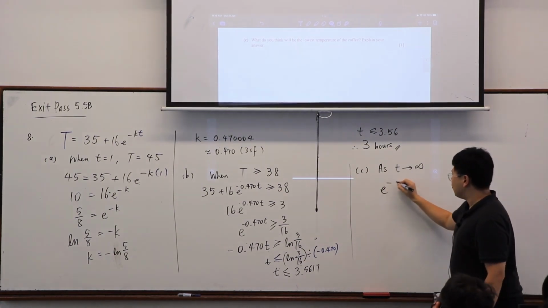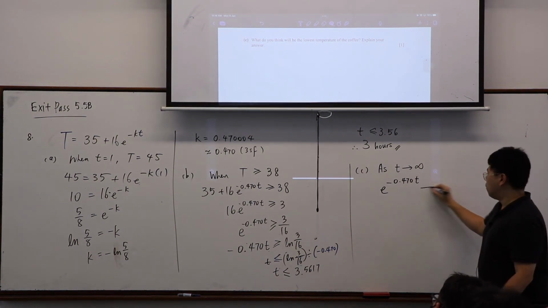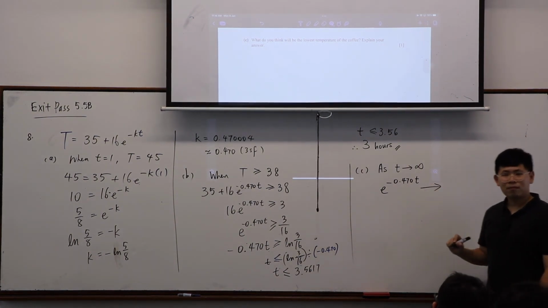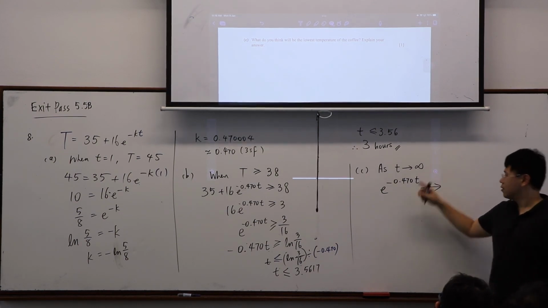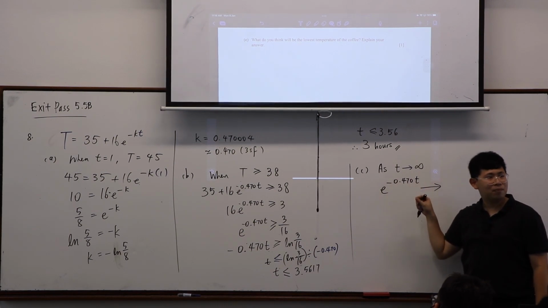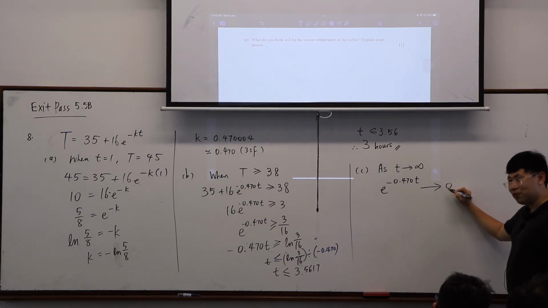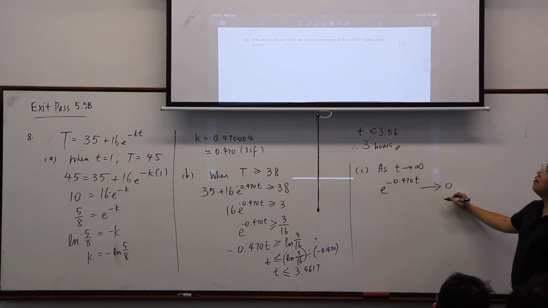So e to the power of negative 0.470 t will approach where? If t becomes very big, e to the power of a negative big number will become very, very small, become 0, correct?